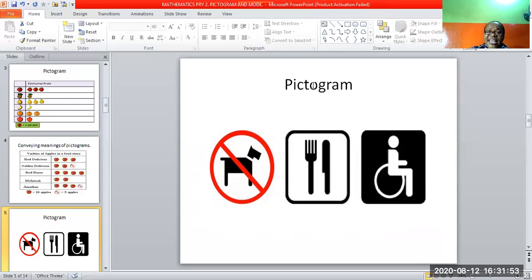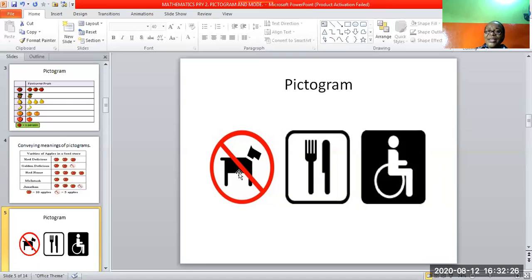In math, it is used to represent data, but in other places it can be used to communicate information without words. On this slide, you will see that animals are not allowed in a particular place.